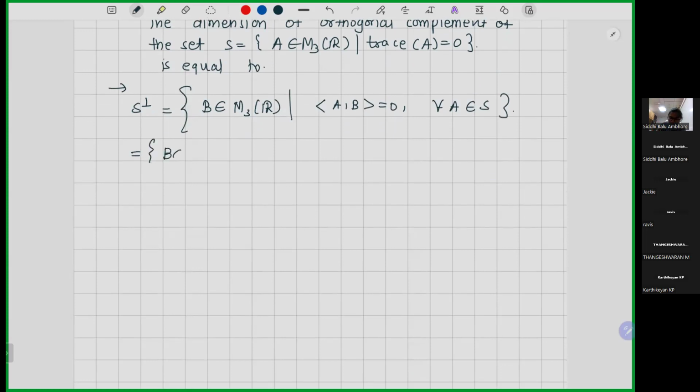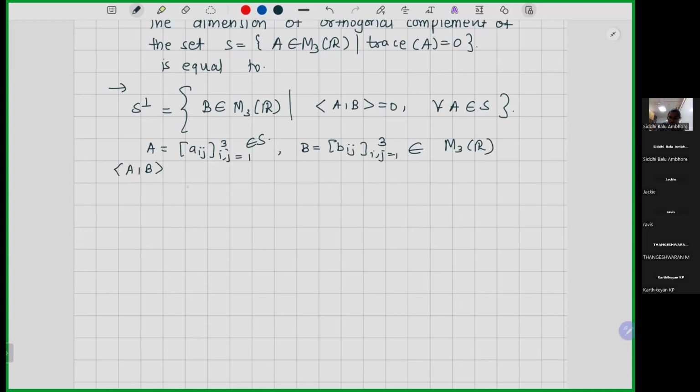So let us calculate how this inner product looks like. If I have A comma B, A is Aij, i comma j from 1 to 3, and B is Bij, i comma j from 1 to 3. This A is in S and B is some element in M3R.